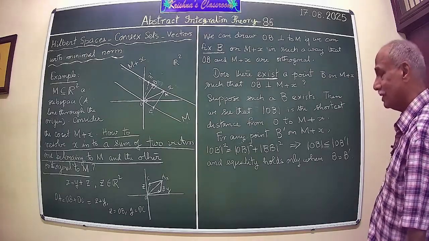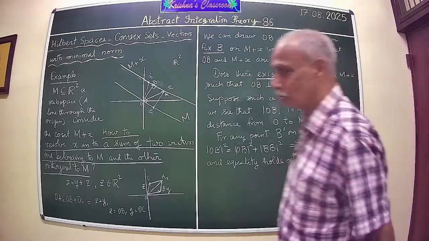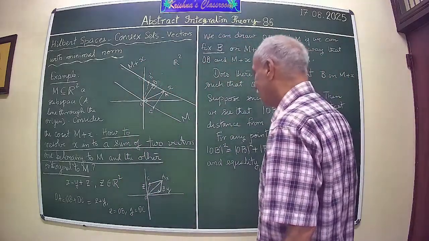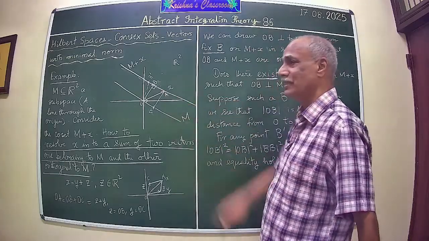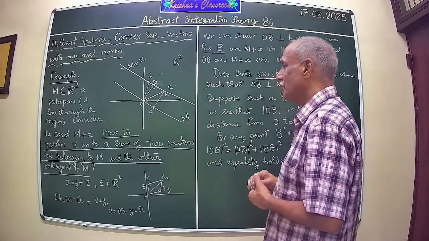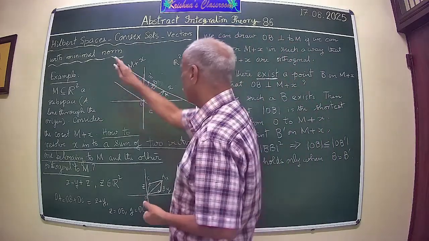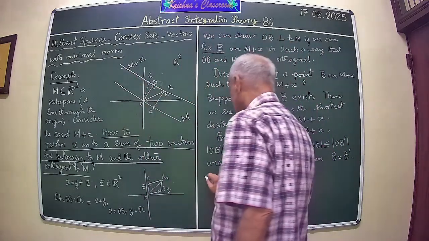Therefore, the question, assume everything goes through smoothly. Then what happens? We have to show that there exists a point B which gives the shortest distance from O to M plus x.